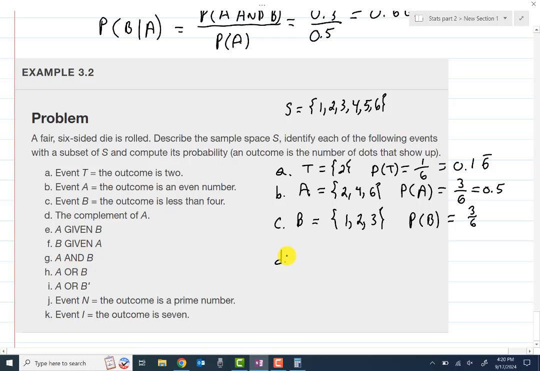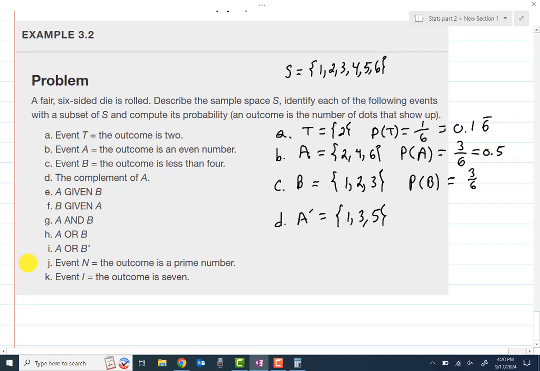The complement of A. Well, in plain language, A is the collection of the even numbers, so A prime is the collection of the odd numbers. What comes after E? A given B. So let's take a look. We know that one of these things is in here.